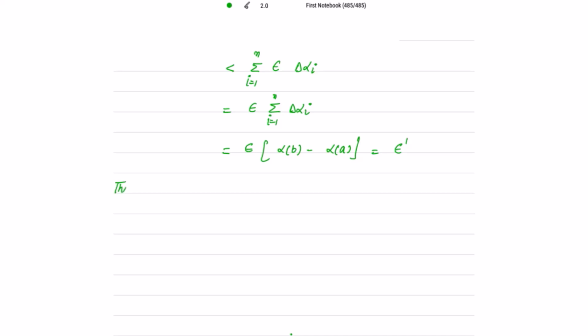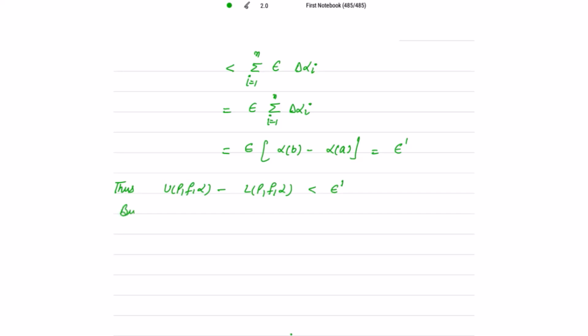So thus UPf alpha minus LPf alpha is strictly less than this epsilon dash, but epsilon dash was arbitrary, we have chosen.